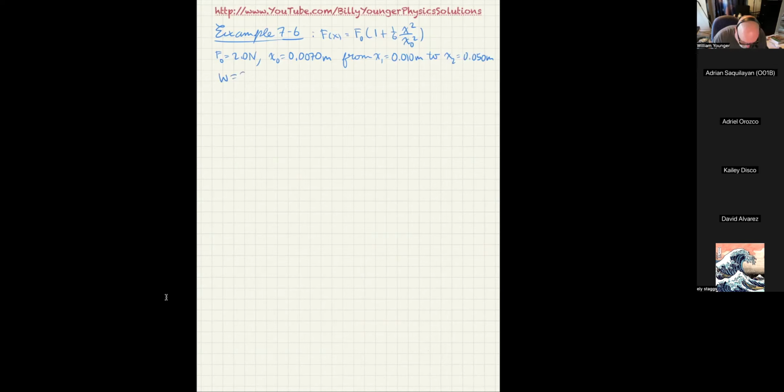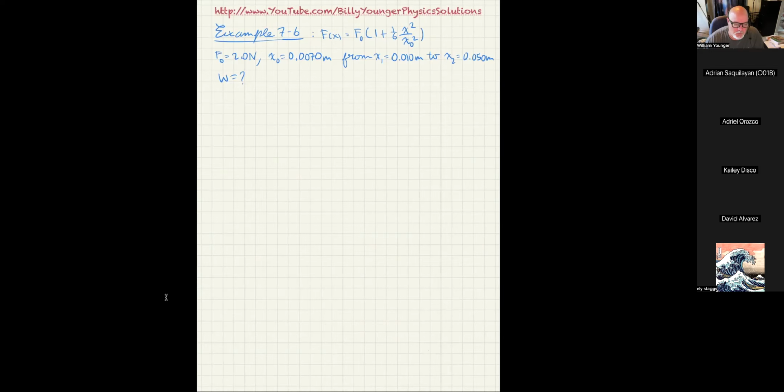So that's the whole problem. Let me read it again to you. A robot arm that controls the position of a video camera, figure 7.12, in an automated surveillance system is manipulated by a motor that exerts a force on the arm. Assume that the force is given by f of x equals f0 times parentheses 1 plus 1/6 x squared over x0 squared, where f0 is equal to 2.0 newtons, x0 is equal to 0.0070 meters, and x is the position of the end of the arm.